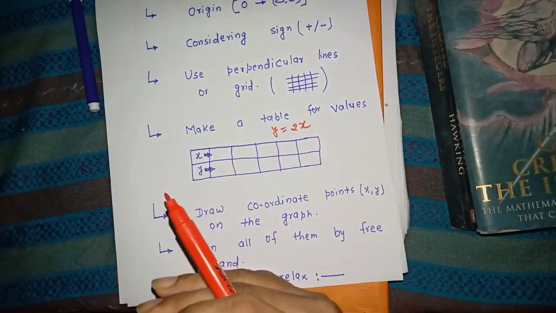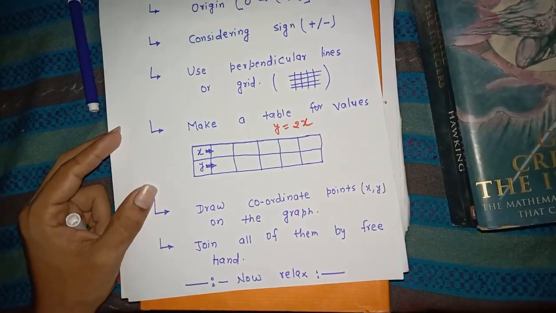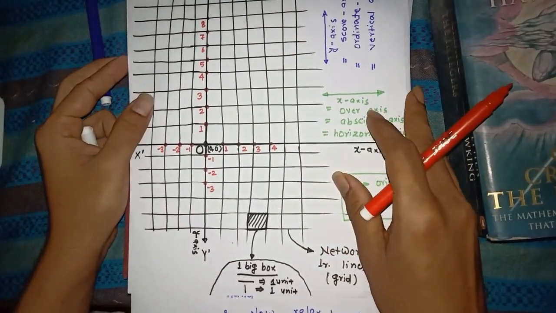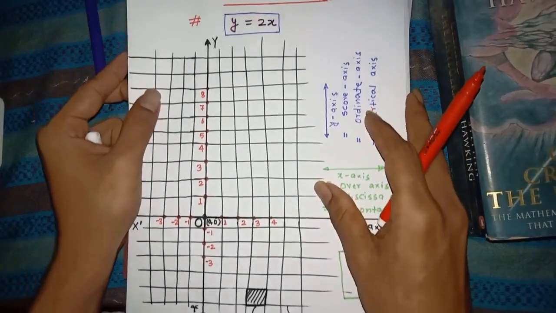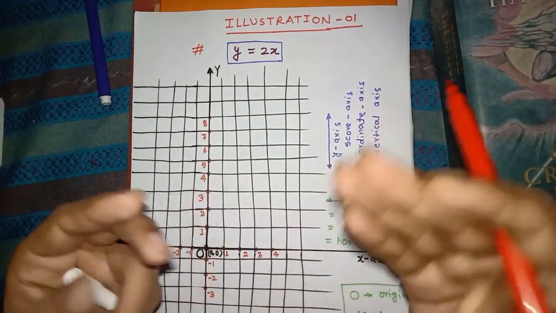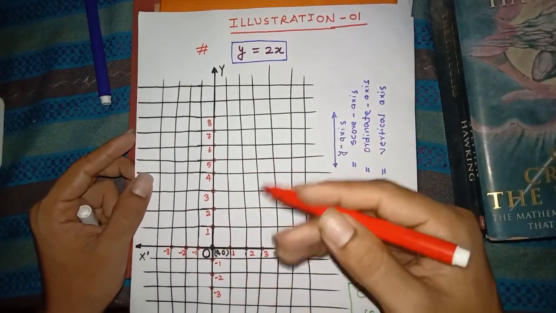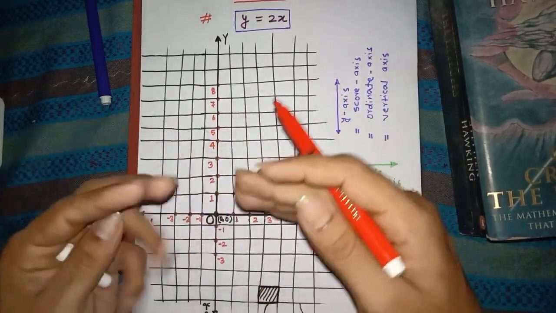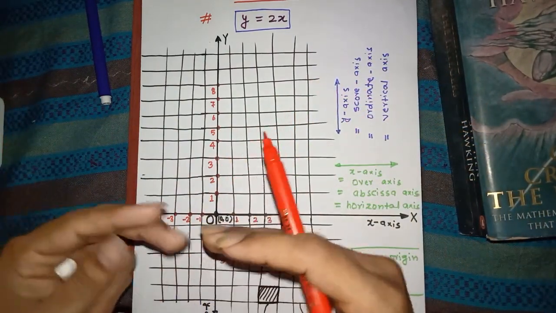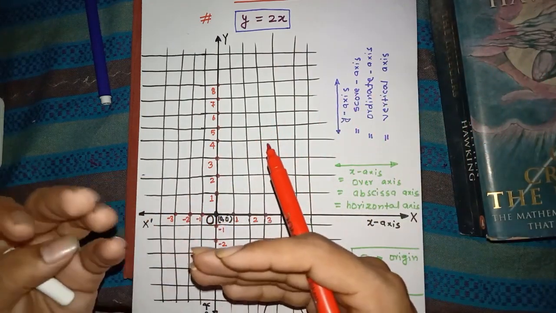So how can you draw the relationship between y and x if y is equal to 2x? That means y is 2 times x. Here are the grid points I have drawn only by freehand, but in graph paper it is plotted already, and in your notebook or copies there are also many parallel lines drawn already.